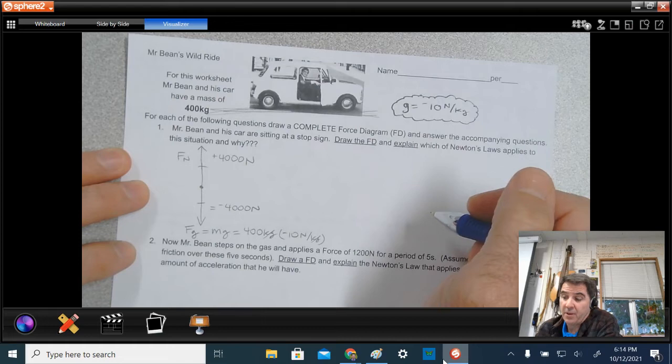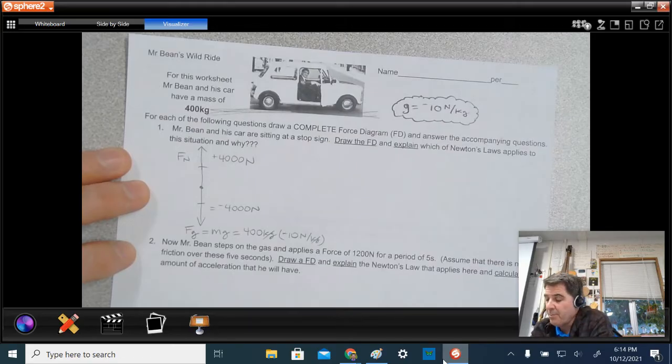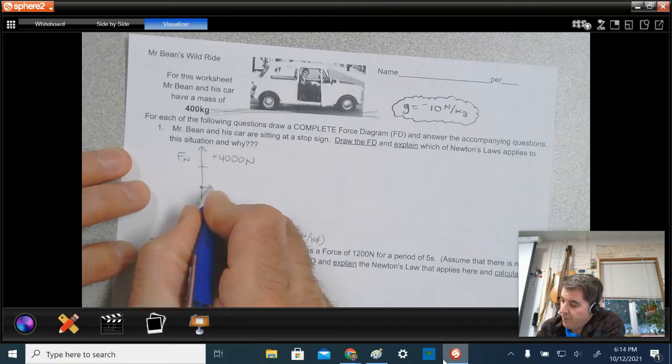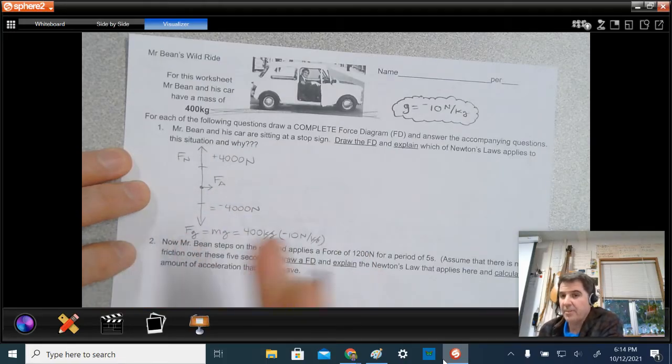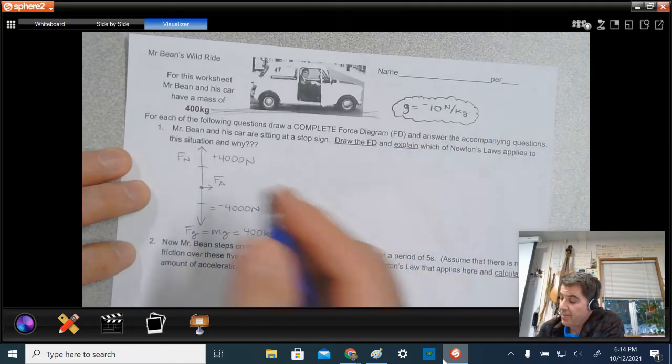If you have a stick shift car, and his car is stick shift, you could possibly, in some cases, take your foot off the brake and just sit there. But in most of our cars, there's going to be a little tiny applied force this way, which is your engine trying to make you kind of idle forward. And then, of course, you're not moving, you're at a stop sign.